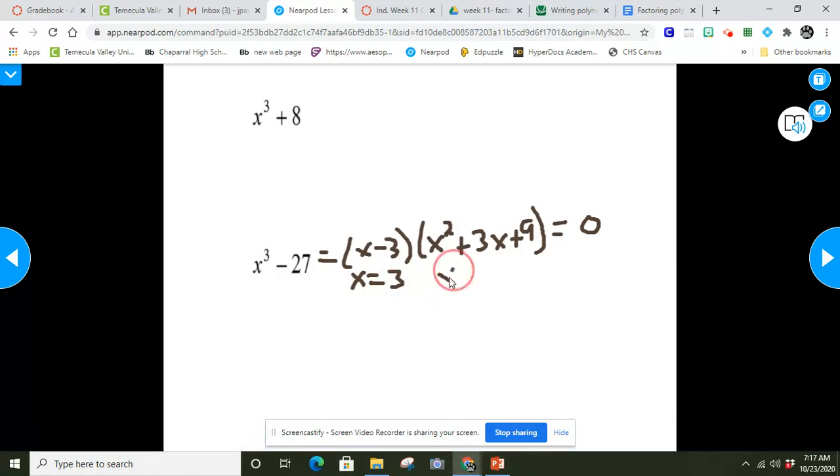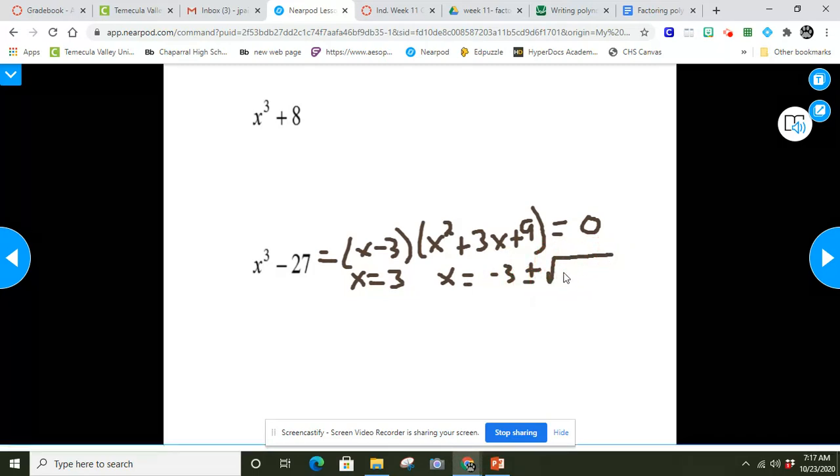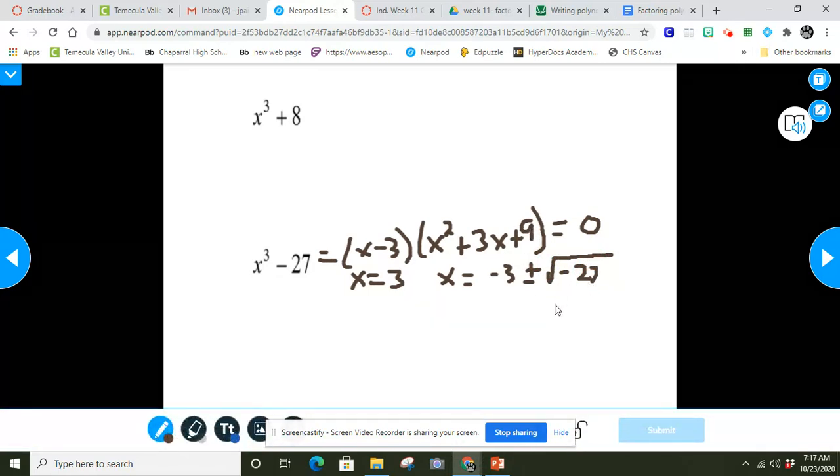Okay, quadratic formula. So negative 3 plus or minus the square root, which is going to be negative 27. It's going to be 9 minus 36, so negative 27, over 2.